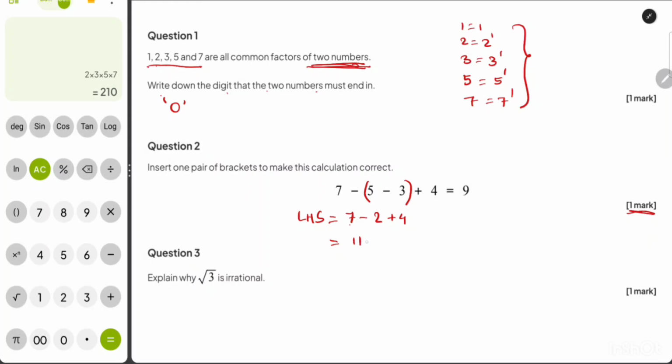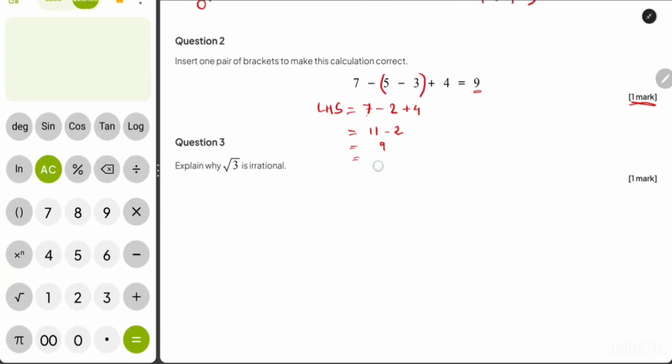So 7 plus 4 will become 11. 11 minus 2, that's 9. And if you see the RHS, RHS is also 9. So that means this pair of brackets is correct.